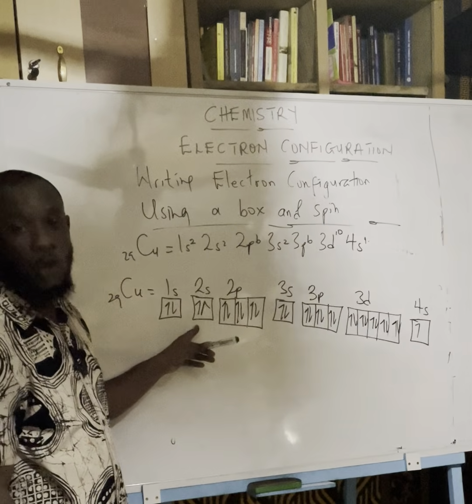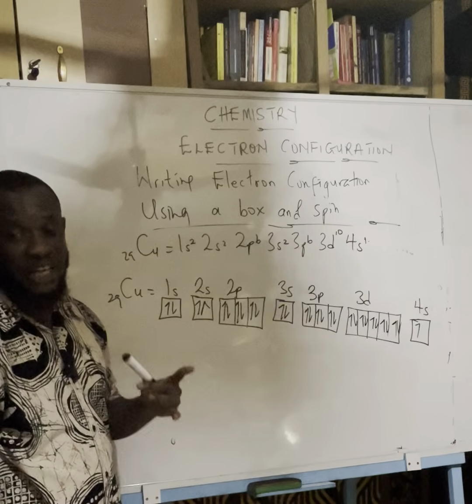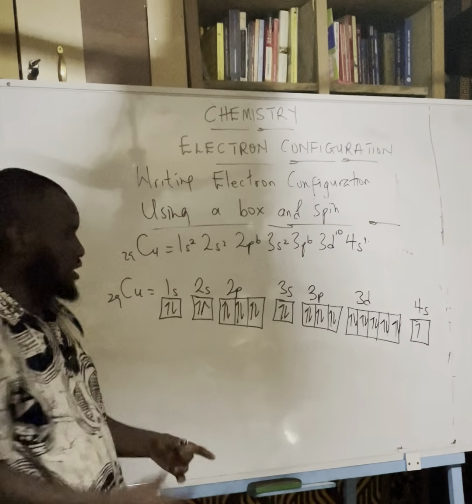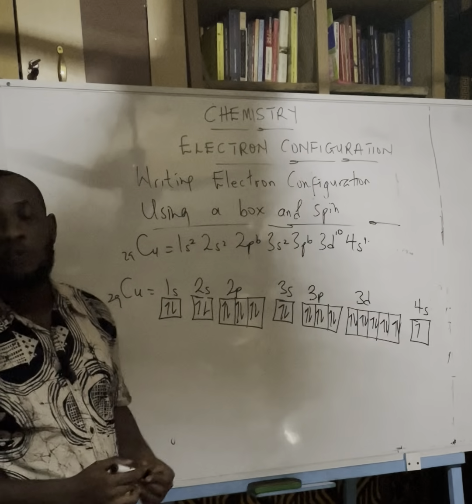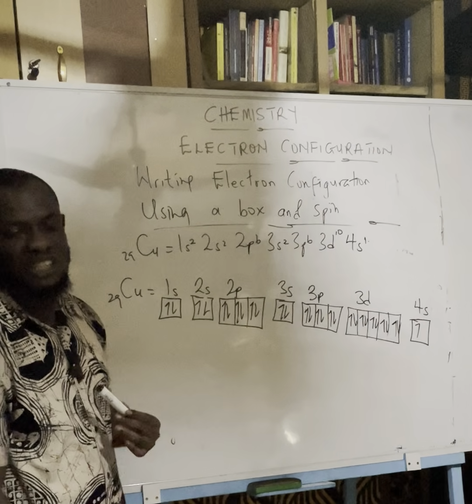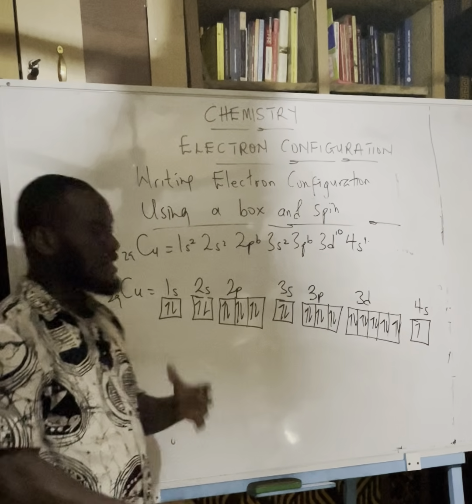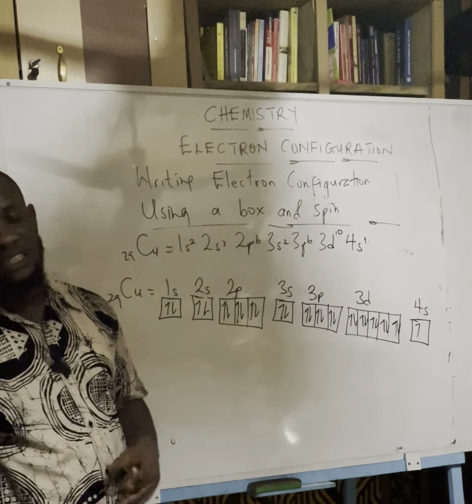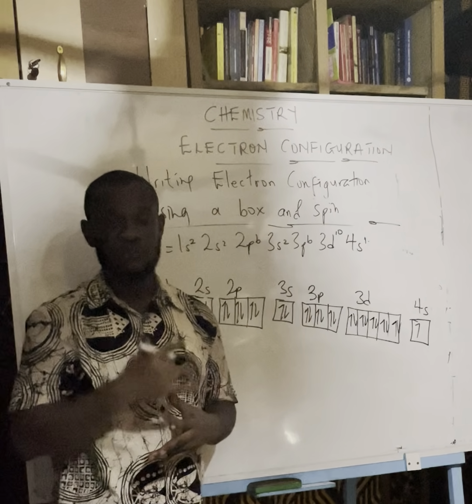And in this case, which law have you violated? The Pauli's exclusion principle, because it is telling us that they must have what? Opposite spins. Take note. So that is another way of writing the electron configuration using the box and the spin.